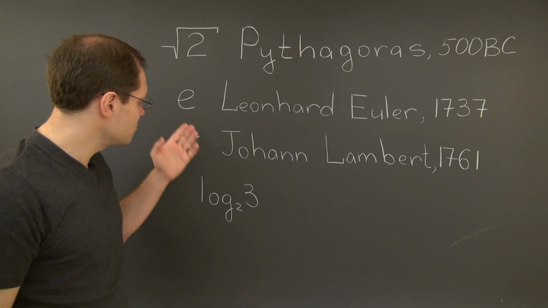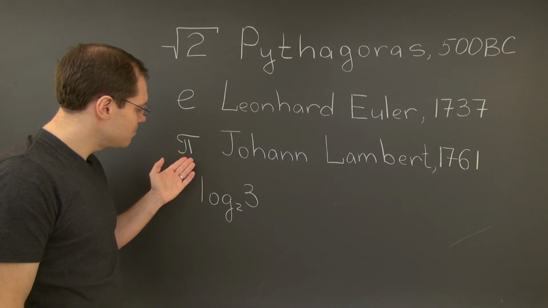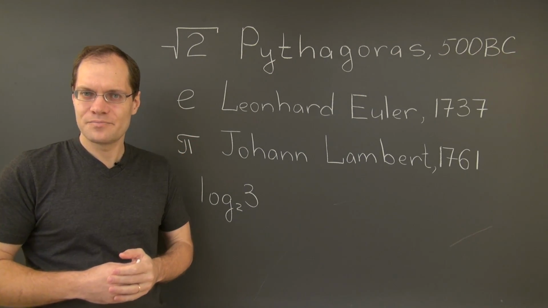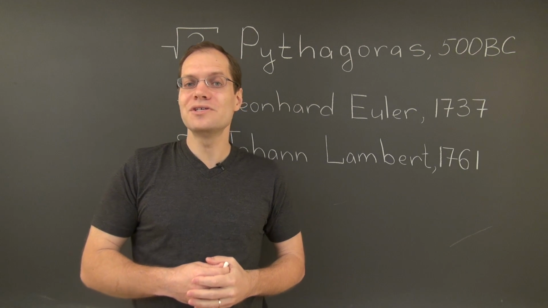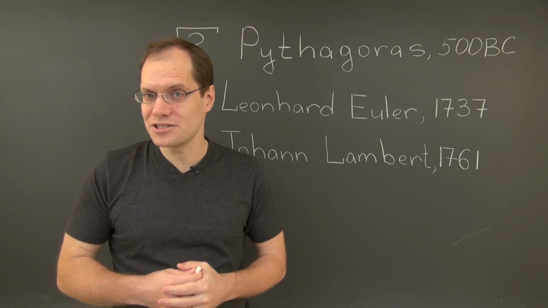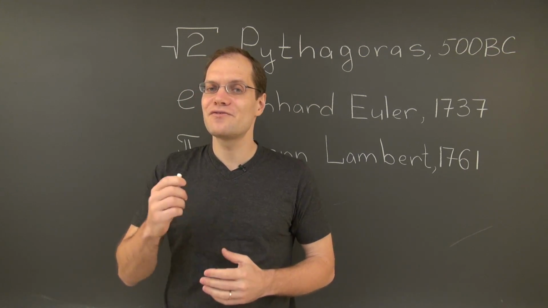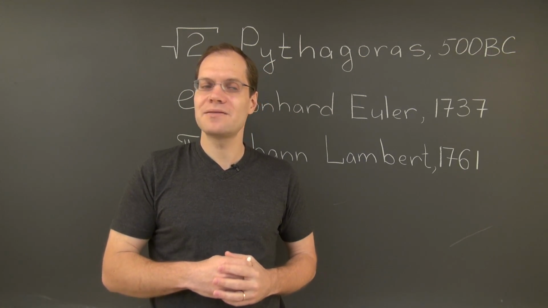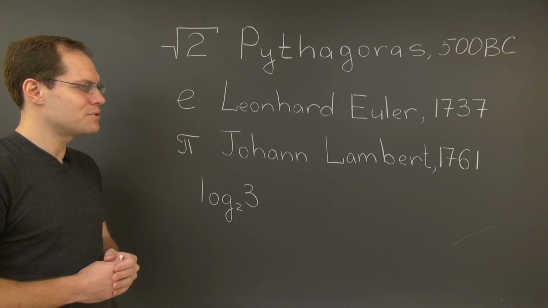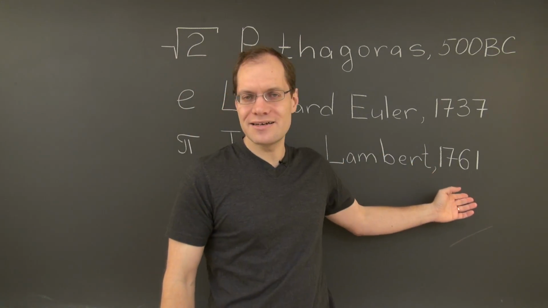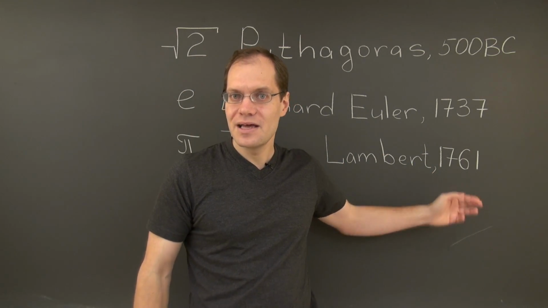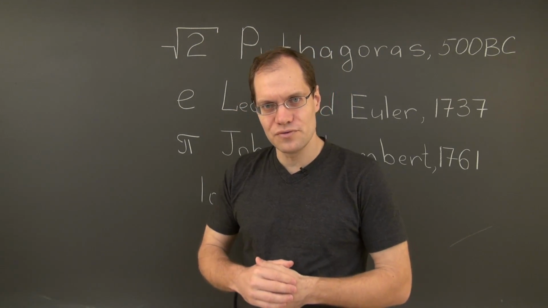Now, I'm sure that Euler was very curious to know whether pi is irrational. And I think that everybody always suspected that pi is irrational. But it wasn't Euler who proved it. Interestingly enough, it was a friend of Euler's, another Swiss mathematician, Johann Lambert, who proved it 24 years later in 1761. And that's an altogether different proof.